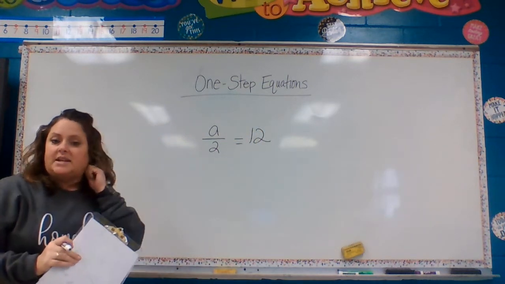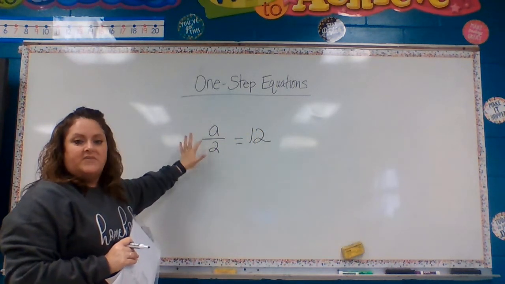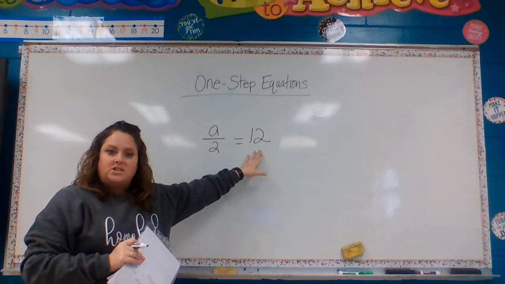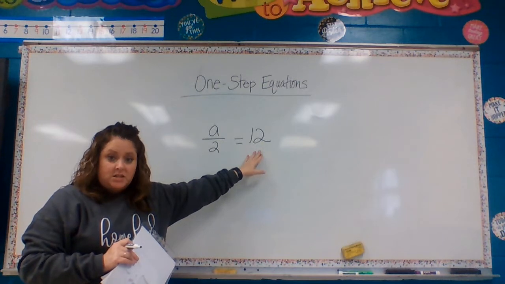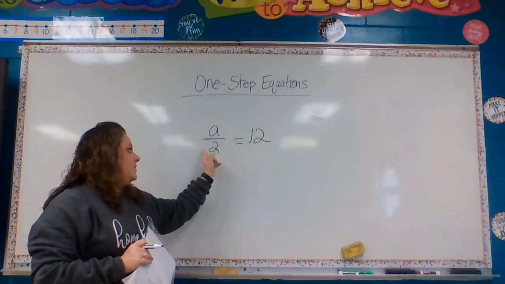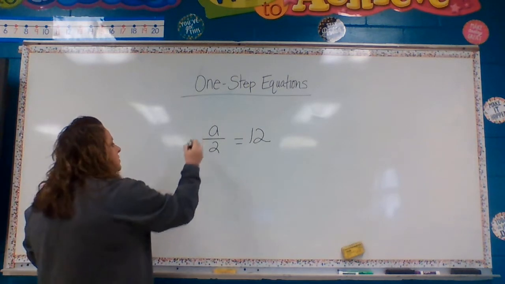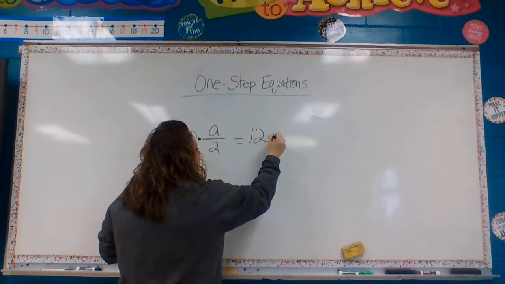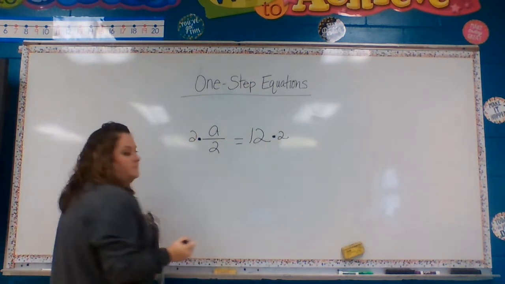All right, so this is telling me that a number divided by 2 equals 12. The inverse operation of division is multiplication. So we're going to multiply both sides by 2. We're trying to get rid of this number, okay? So we multiplied this side by 2, and we multiplied this side by 2.